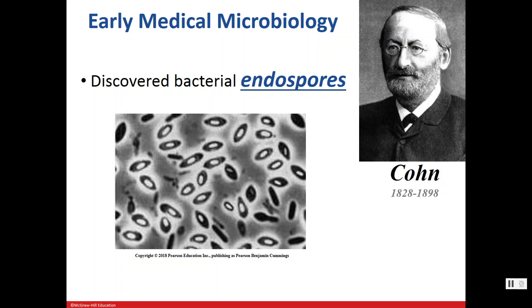Because if you can get rid of an endospore, which is incredibly hardy, we're going to talk about exactly what it's made of and how it operates when we get to chapter 3. If you can kill an endospore, you can kill anything that's a lot wimpier than an endospore. So that's why the gold standard in medicine is autoclaving, because autoclaving is the thing that can destroy endospores. So this is a really big step forward for human health, discovering and understanding endospores.